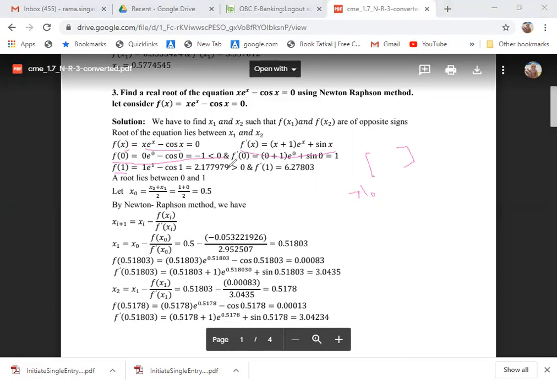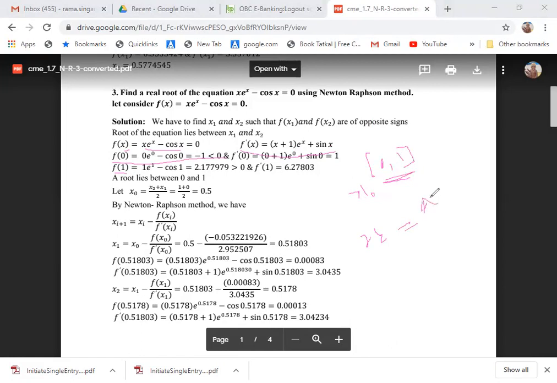Since the two function values are of opposite signs at the two different points 0 and 1, the root lies between the 2 points 0 and 1. So x naught can be chosen as any point in between these 2 points. For more convenience, we take x naught as the average of the 2 points.